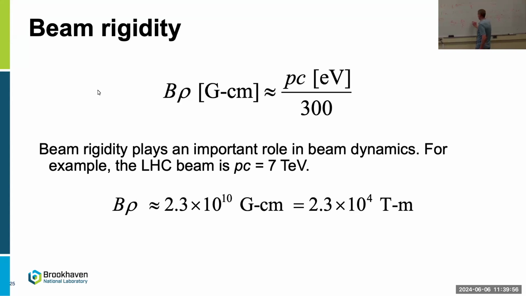So 2.3 times 10 to the 4 Tesla meters divided by 3 times 10 to the 3 meters radius. That gives me roughly 8 Tesla. Voila. 8 Tesla is the state-of-the-art dipole magnet that the LHC uses.